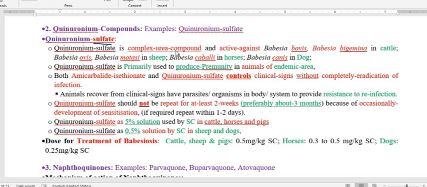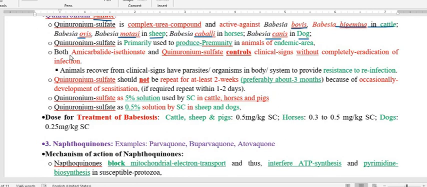Next group is the quinuronium compound. The drug is in the form of sulfate. So quinuronium sulfate we have to use, and this drug is used for treatment of babesiosis of the species Babesia bovis, Babesia bigemina in cattle, then Babesia ovis and Babesia motasi in sheep, Babesia caballi in horses, and Babesia canis in dog.